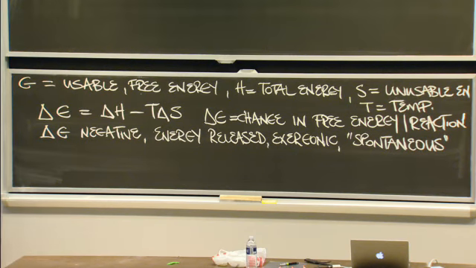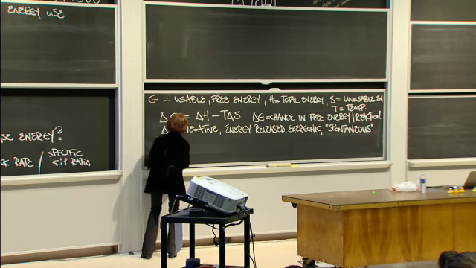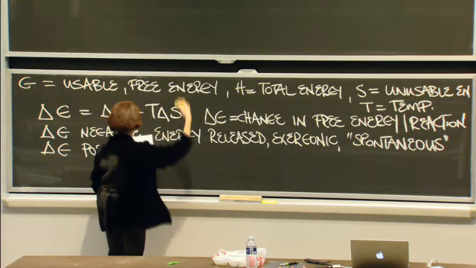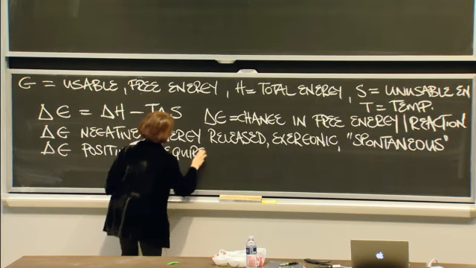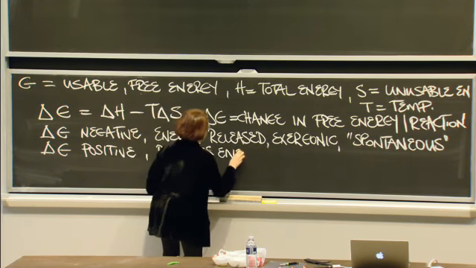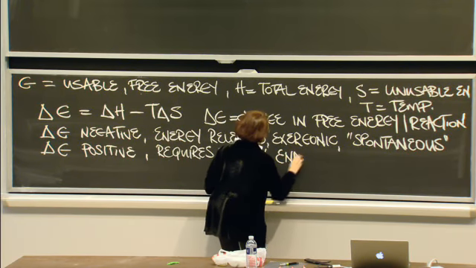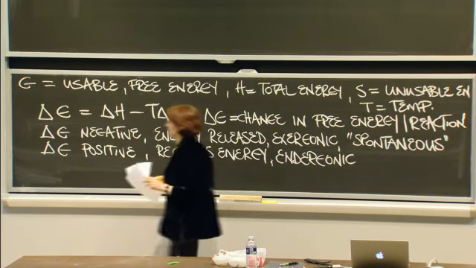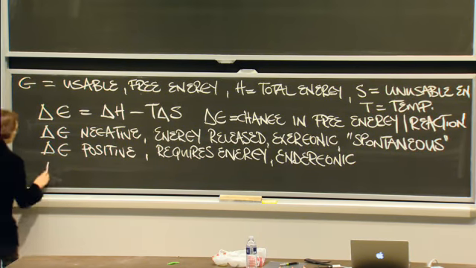The flip is true if delta G is positive. This means that the reaction requires energy in order to proceed. And it is referred to as endergonic. And if delta G is 0, the reaction is at equilibrium.